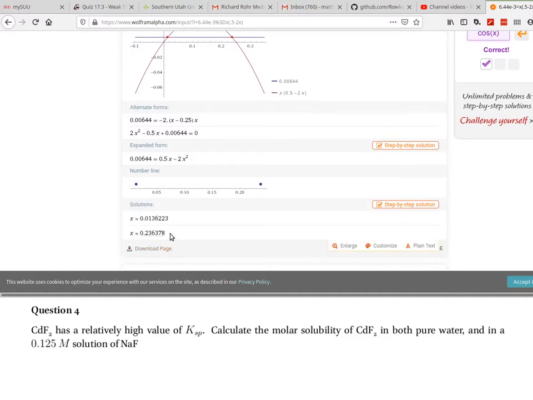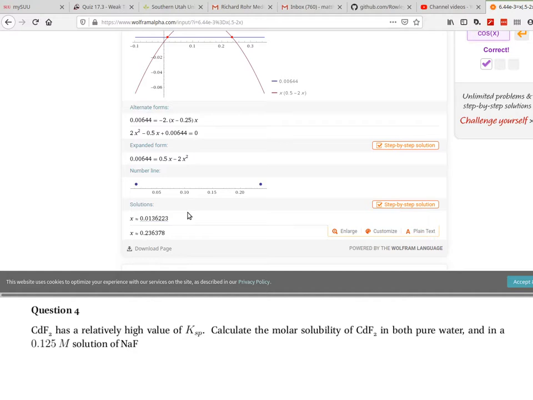The value down here, 0.236, that actually does not make sense because, oh, hold up. Well, that might be a valid second solution, huh? That's a little funny. Give me a minute here to think about that.